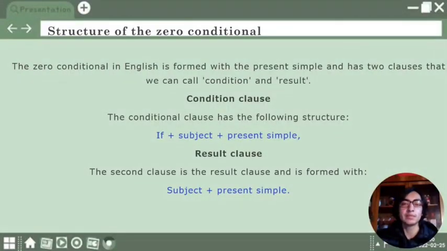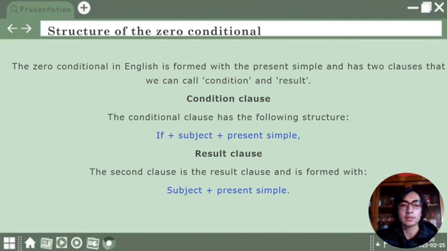Hello, my name is Jesus, and in this part I will explain the structure of the zero conditional. The zero conditional in English is formed with the present simple and has two clauses that we can call condition and result.